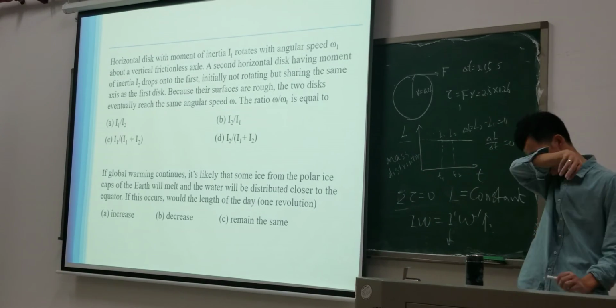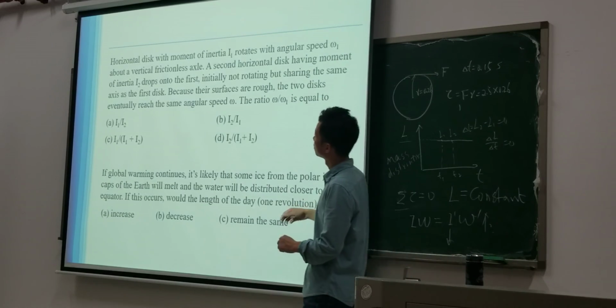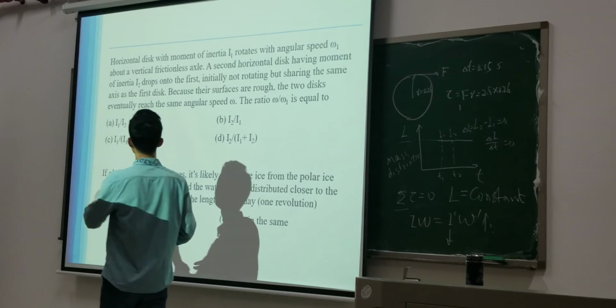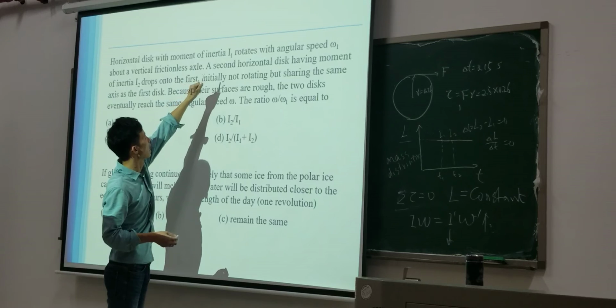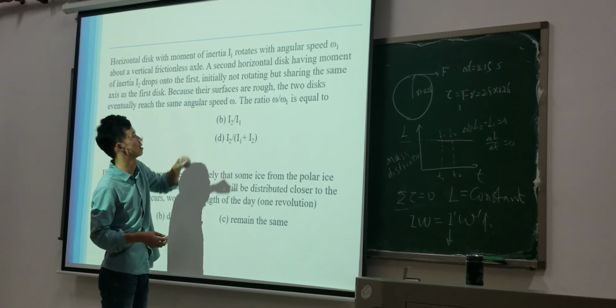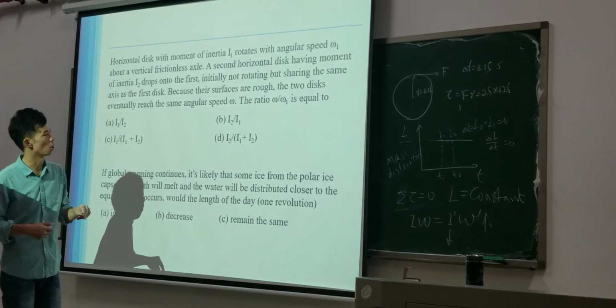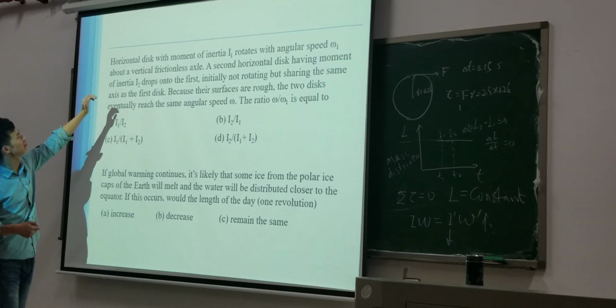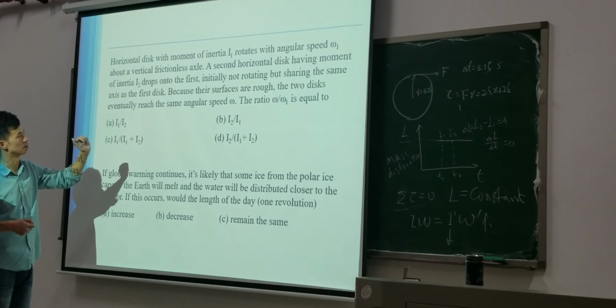Now we look at this question. A horizontal disc with moment of inertia I1 rotates with an angular speed omega 1 about a vertical frictionless axle.